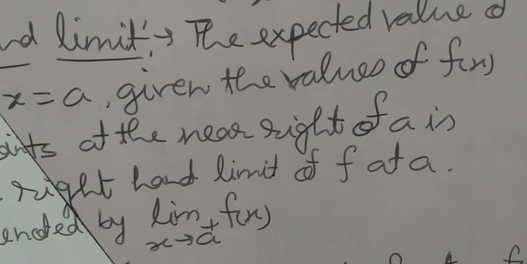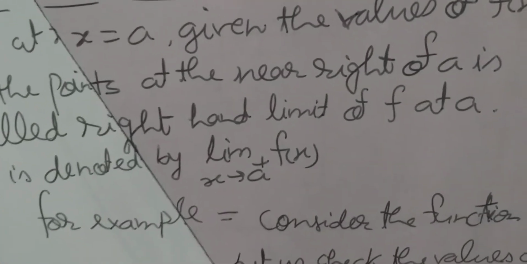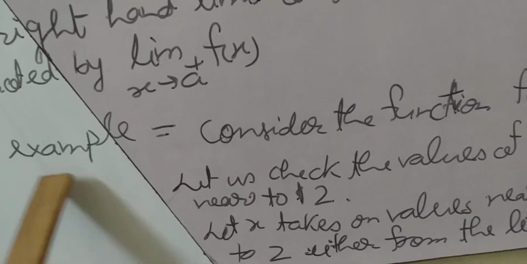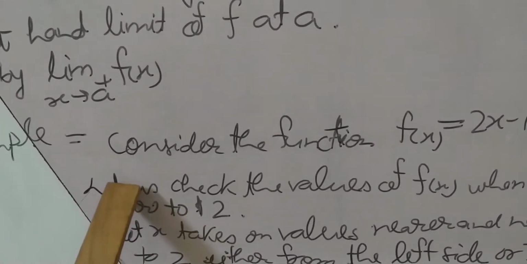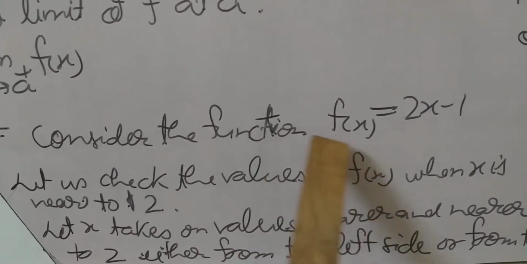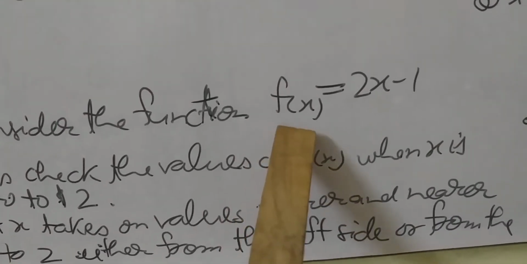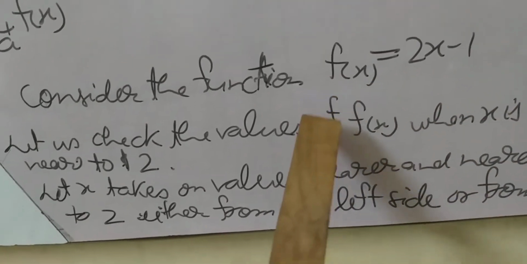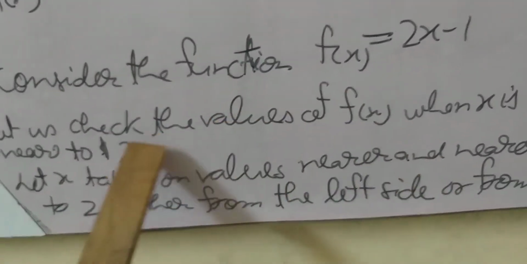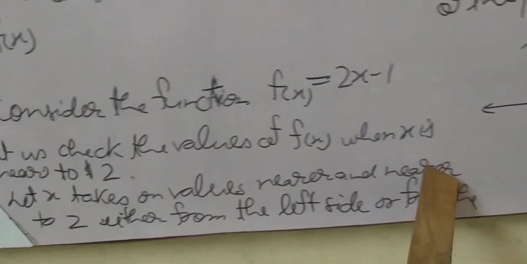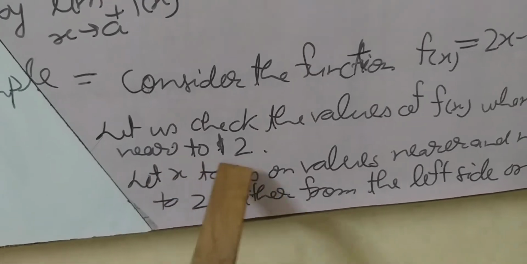You can easily understand by an example. Let us take one example. Consider the function f(x) equal to 2x minus 1. We have to check the value of f(x) when x is near to 2.